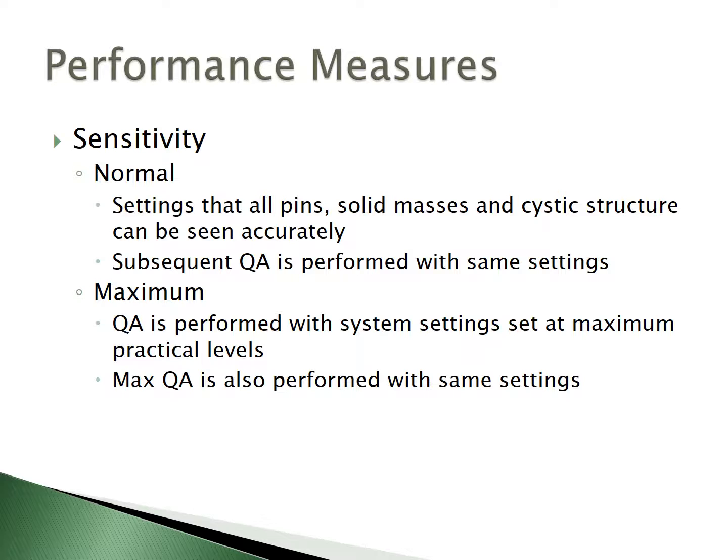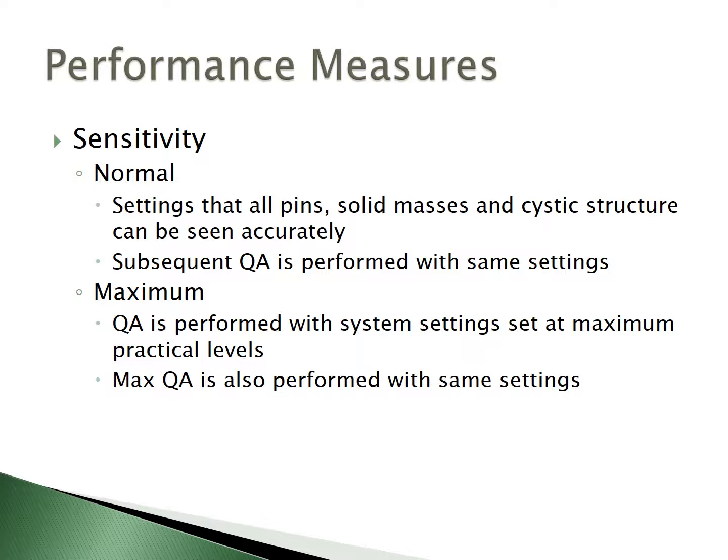Normal sensitivity is going to be where we have our machine set so that we can use it as we would normally on patients. And with that, we may see all the pins, we may not, but we want to see everything accurately. The opposite of that then is using the maximum settings, where we're going to really crank everything up to the top part of what we would use in practical levels.